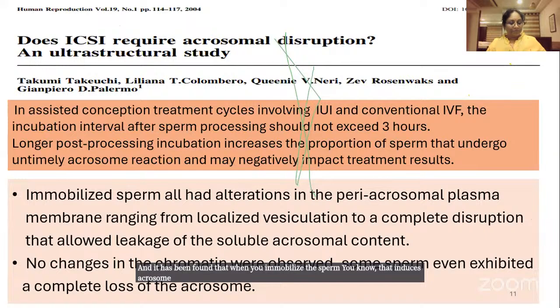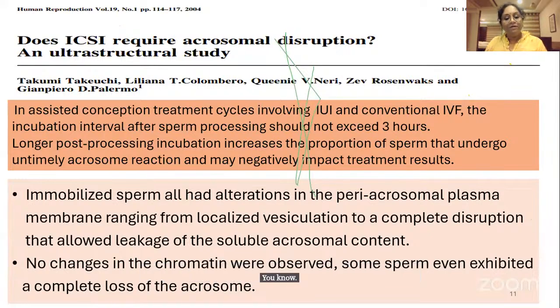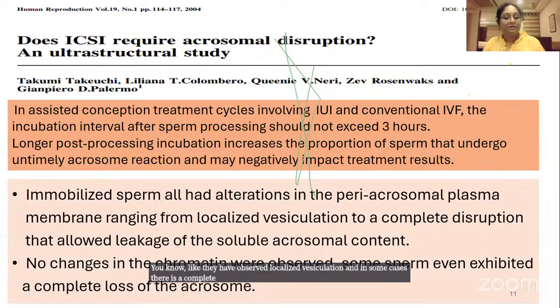That is precisely the reason why they say your immobilization has to be proper. Especially if you are immobilizing a sperm just below the neck region, they have observed localized vesiculation, and in some cases, there is a complete disruption or complete loss of the acrosome.